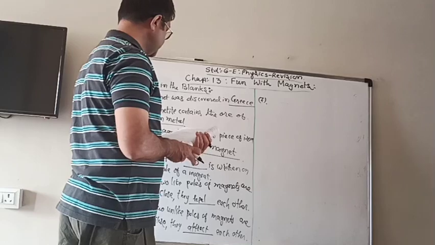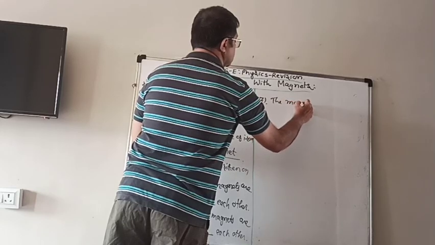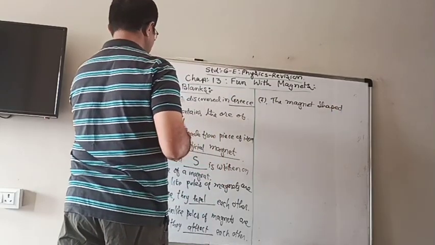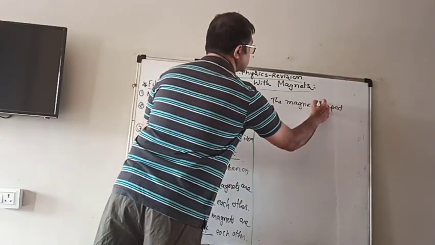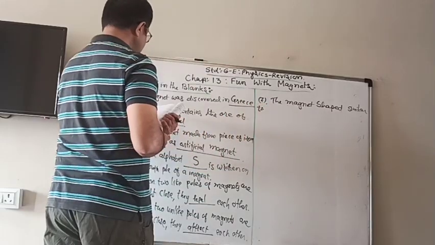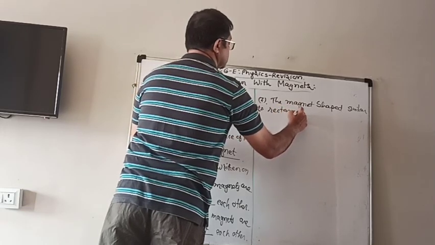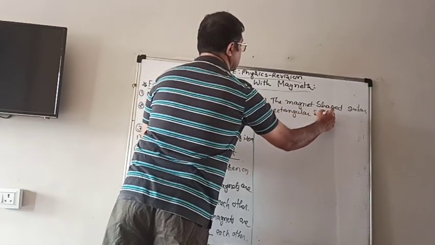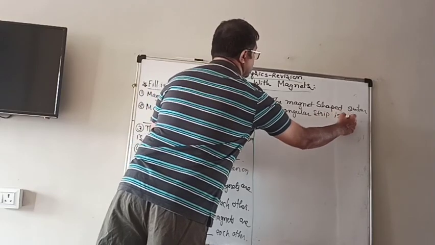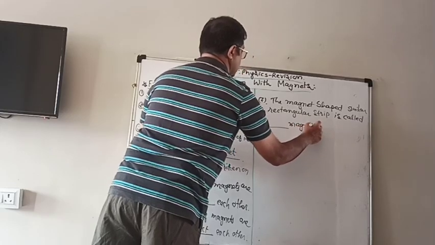Seventh, the magnet shaped similar to a rectangular strip is called a blank magnet.